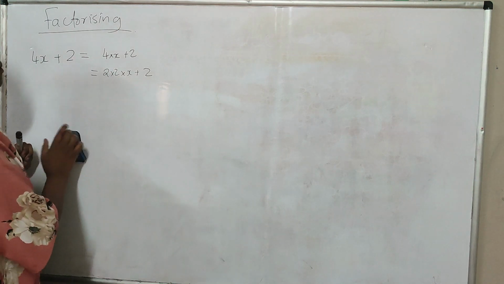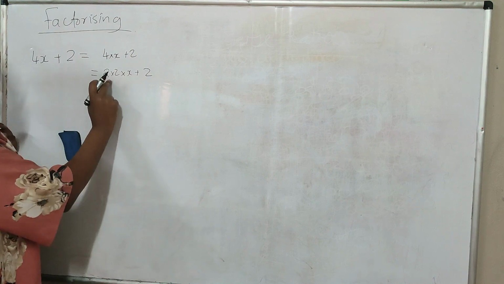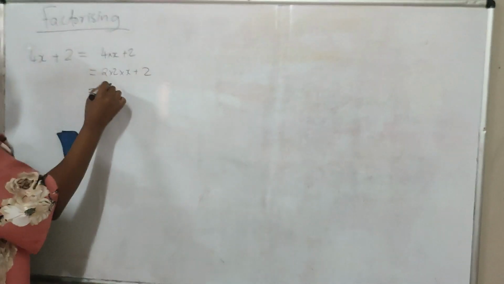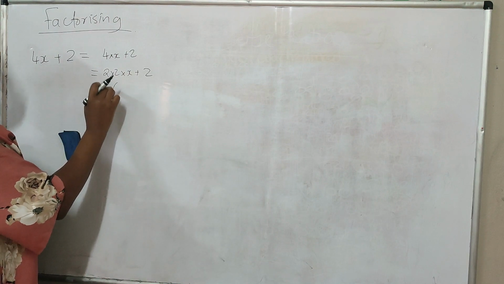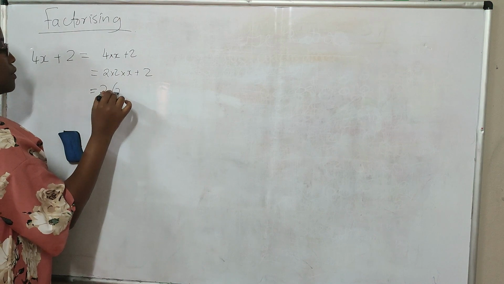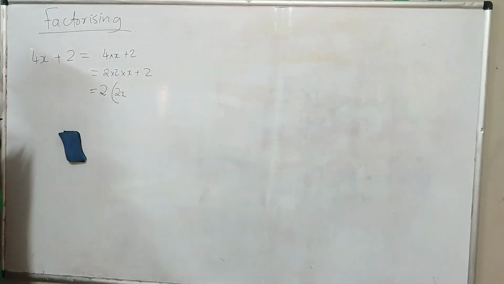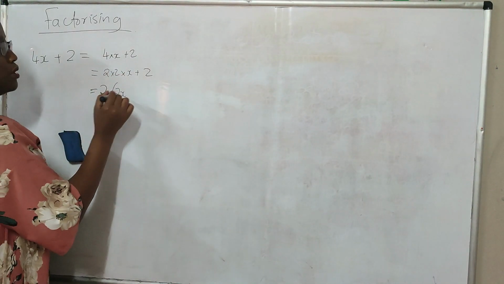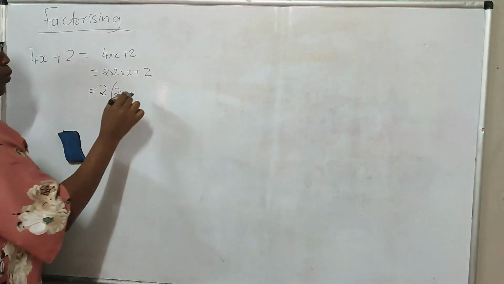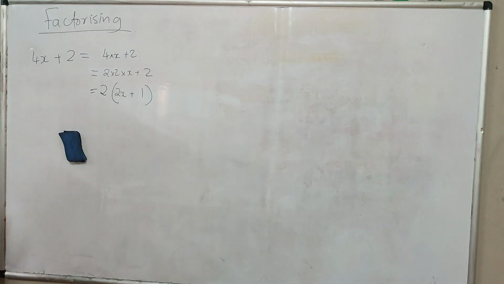Because you're still telling the truth, I don't have to rub this out. So I'm going to put 2 outside. Then how do I reduce? The 4x is now reduced to what? 2 times 2x, right? And the 2 is now reduced to 1. Do you see that?